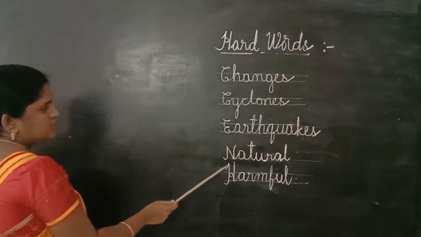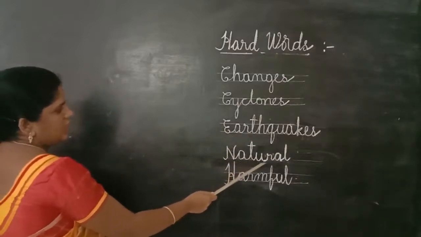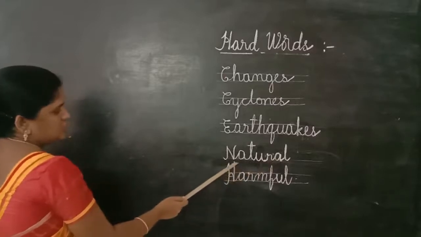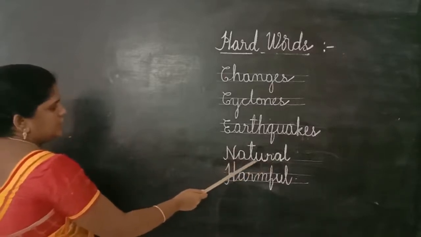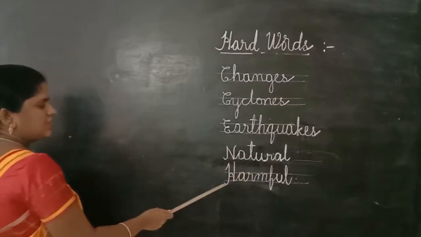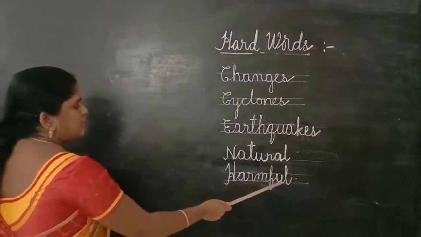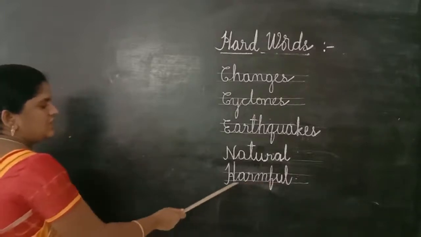Fourth one, children, natural. Fifth one, children, harmful.